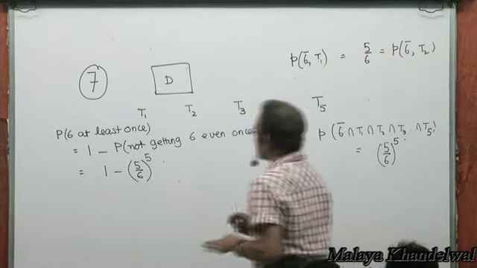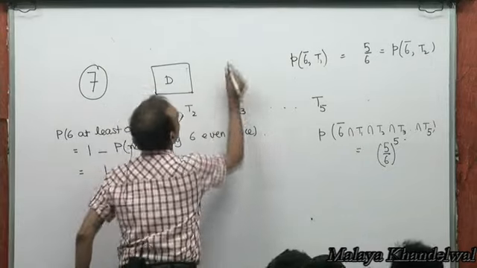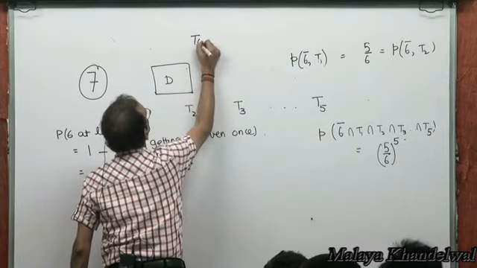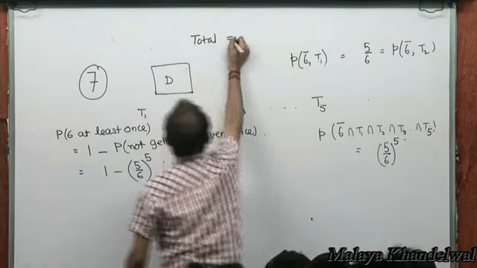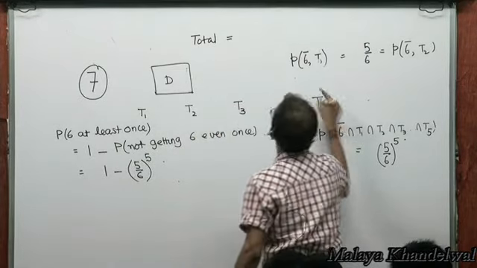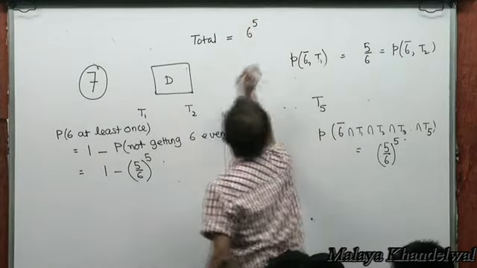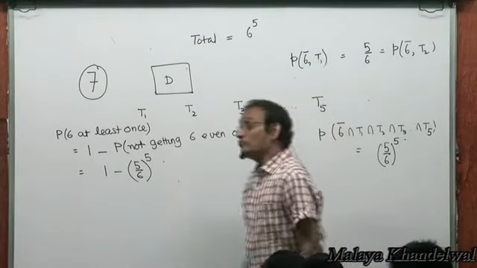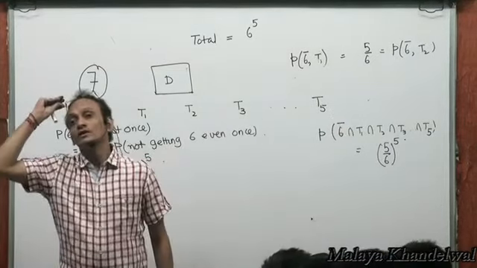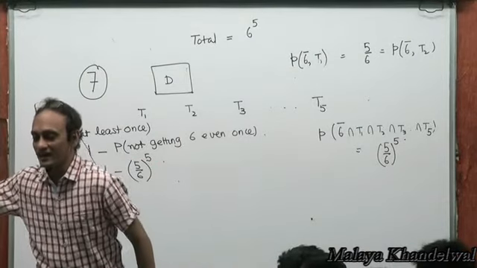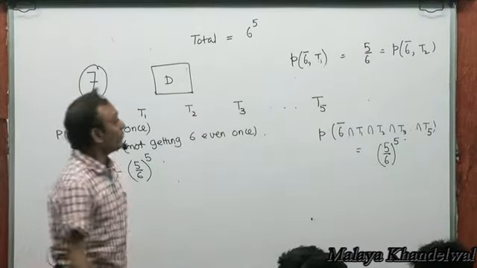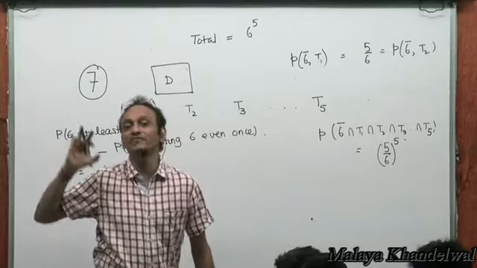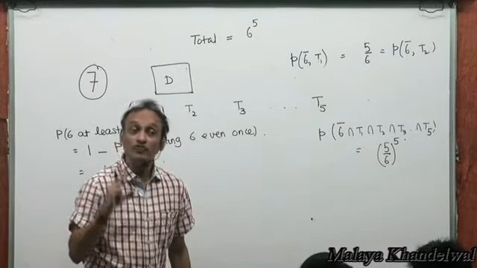Or the other way you could have looked at it is, the total number of possibilities is 6 into 6 into 6 into 6 into 6, which is 6 to the power 5. Right? Number of ways in which 6 does not appear in even one trial is 5 to the power 5.